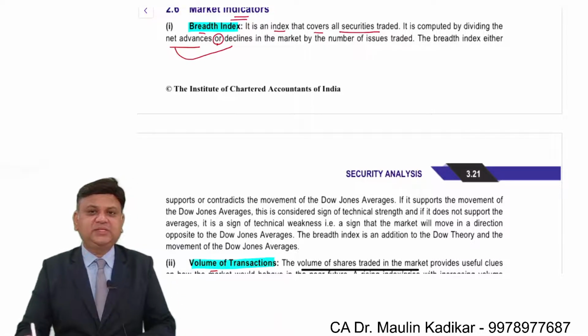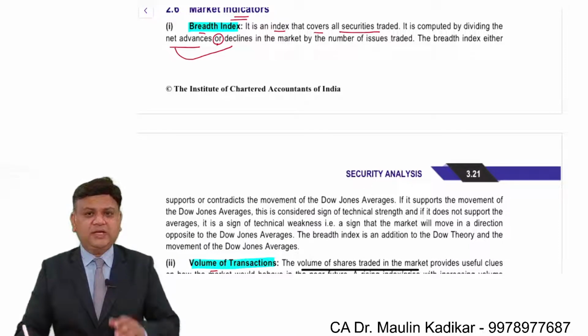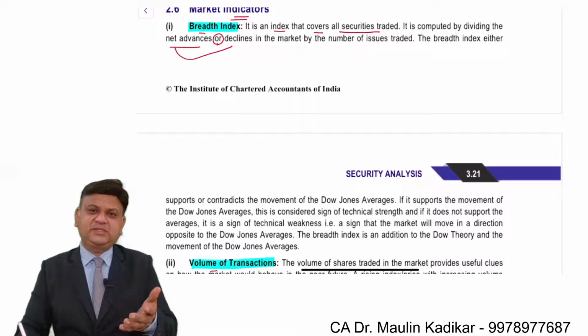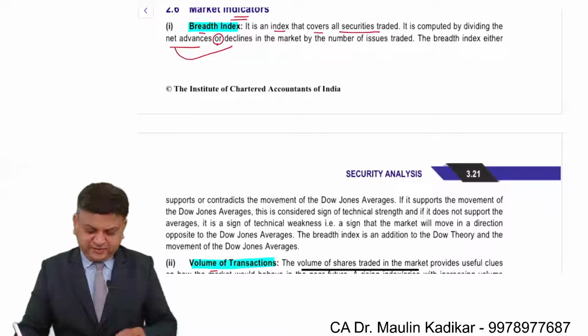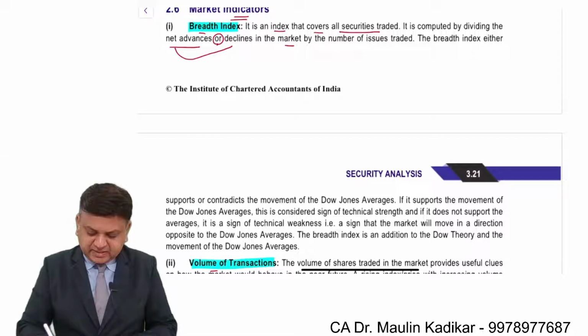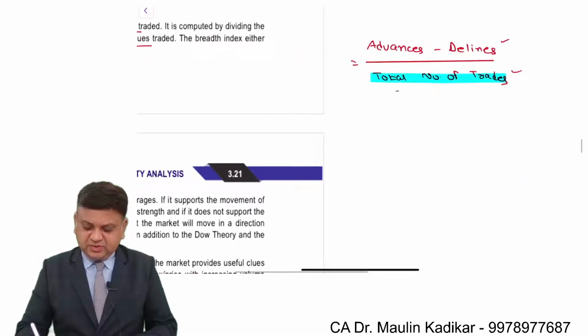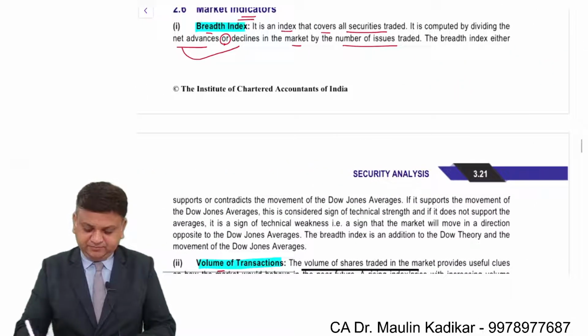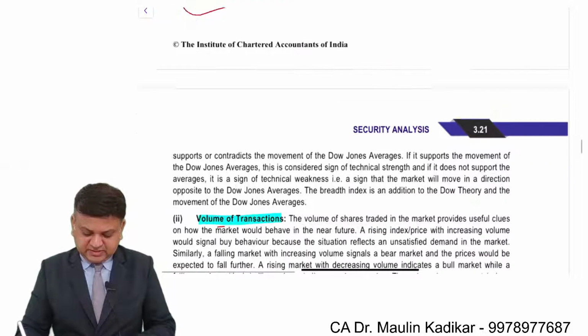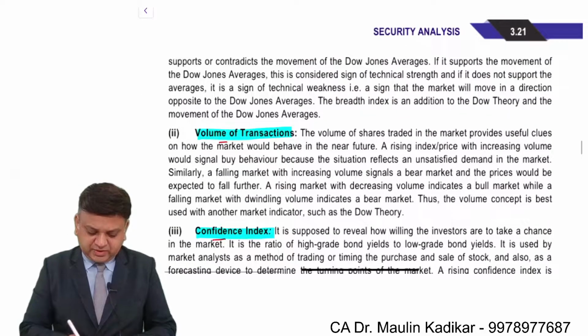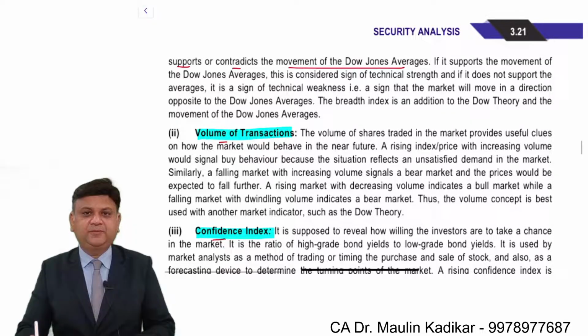Net advances means advances minus declines. Net declines means declines minus advances. So whatever the difference in the market, divided by the number of issues traded, that is, the total number of trades. The breadth index either supports or contradicts the movement of the Dow Jones averages.